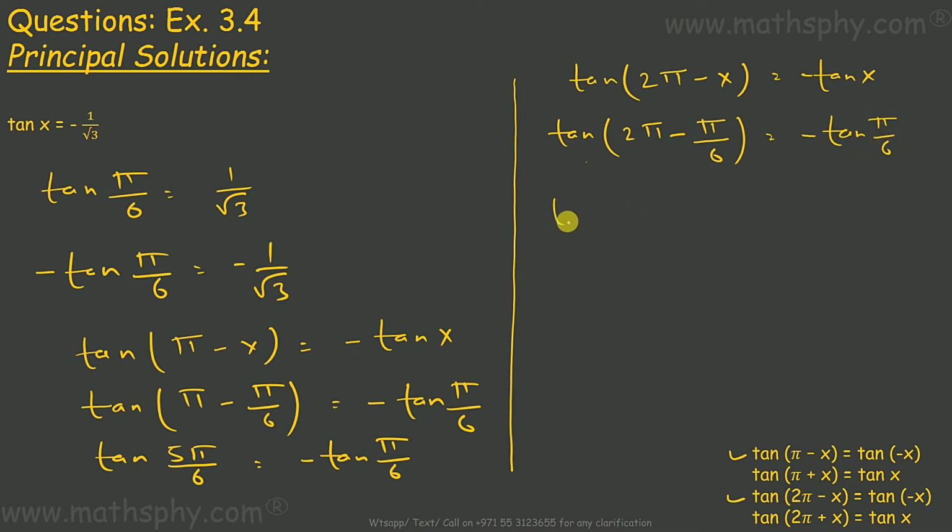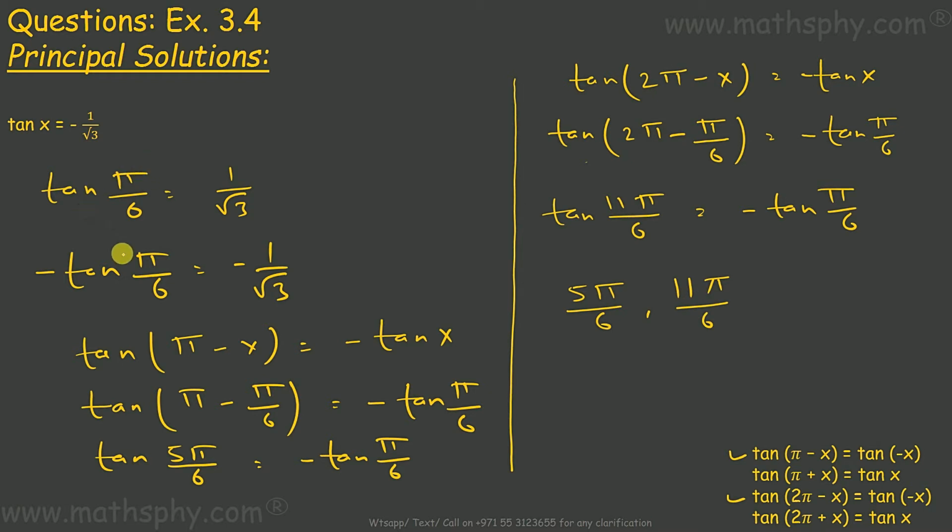If I solve this, it gives me tan 11 pi over 6 equals negative tan pi over 6. This means it can have two solutions. First one would be 5 pi over 6. Second can be 11 pi over 6.